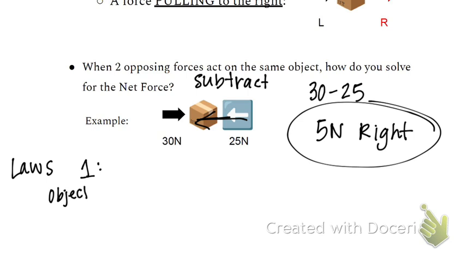How do you get them to change? Yeah, unless there's an unbalanced force. If something bigger than it moves it, it will go. Or if something bigger than it stops it, it will stop. So an object at rest stays at rest, in motion stays in motion, unless an unbalanced force changes that.